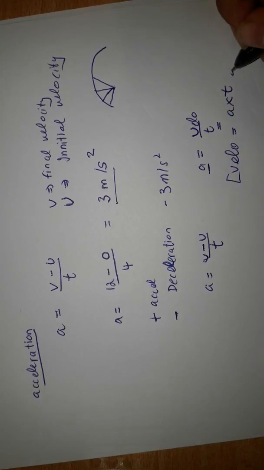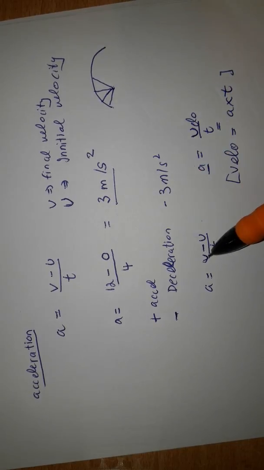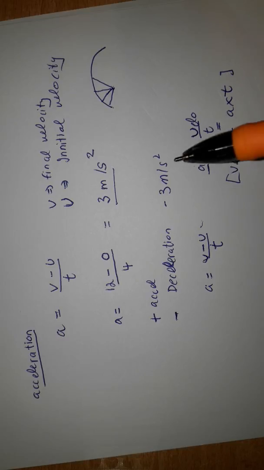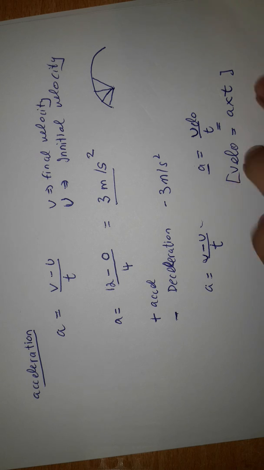You can derive it like that, because final velocity minus initial velocity is going to give you velocity itself. So if you're asked to find velocity, it's just acceleration into time. Okay, so we've covered all of that.